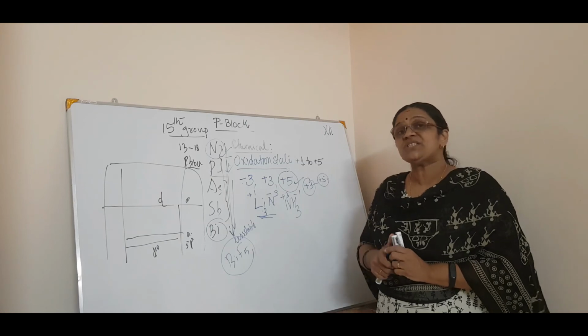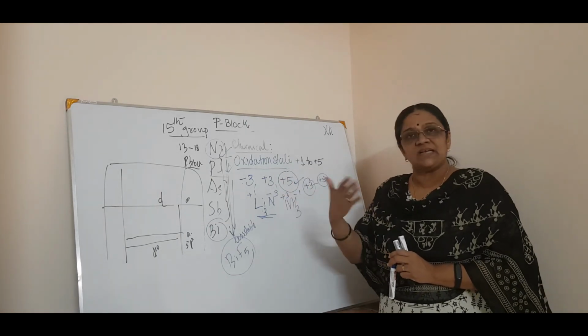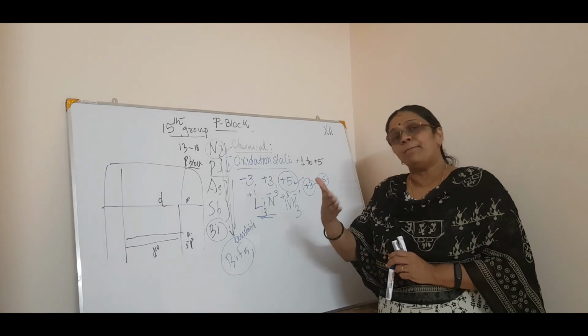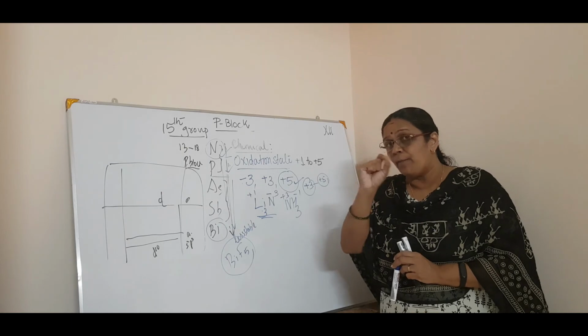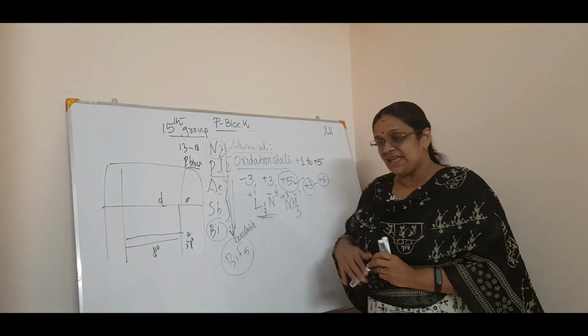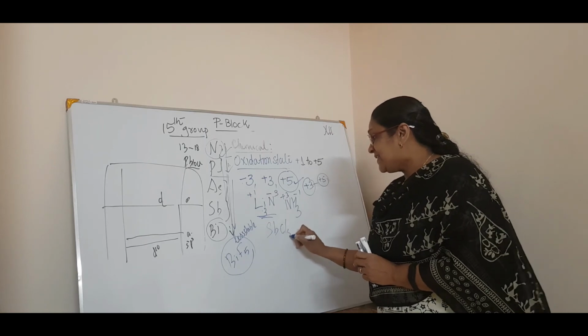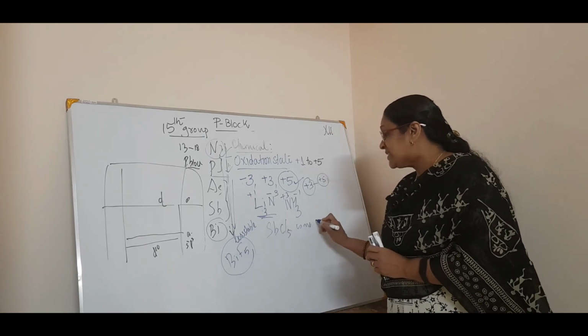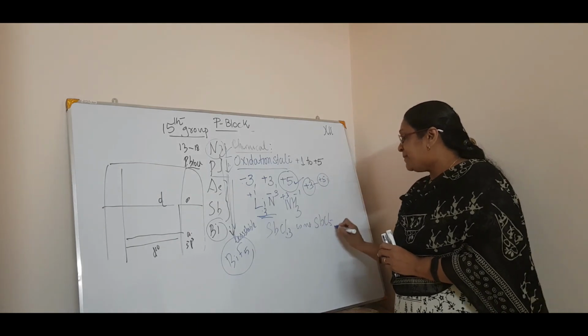Questions won't come like that directly, like why is +3 more stable than +5 in group 15 when going from top to bottom? No, they will give you a compound. For example, they will ask why SbCl3 is more stable than SbCl5.